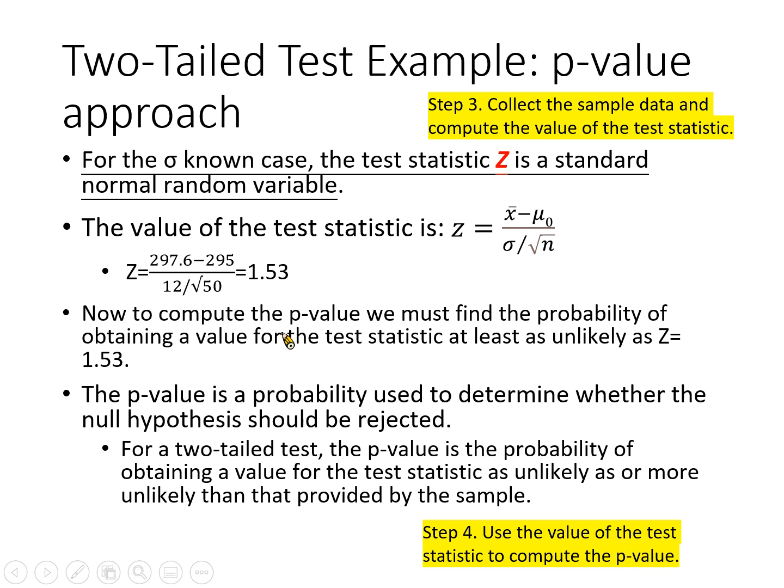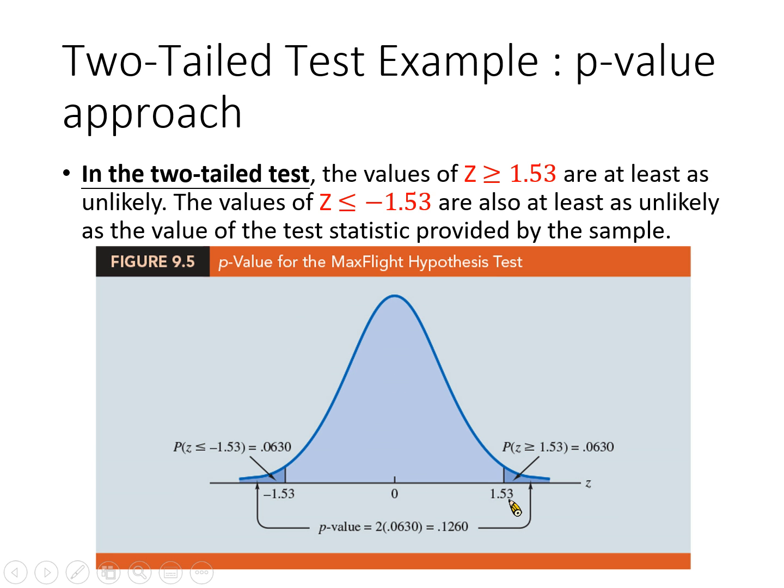In such a condition, you will find the p-value here is around 0.9370. But in the two-tailed test, that means if your z-value 1.53 is larger than such area, or negative 1.53, that means less than such area, you may not accept the null hypothesis.